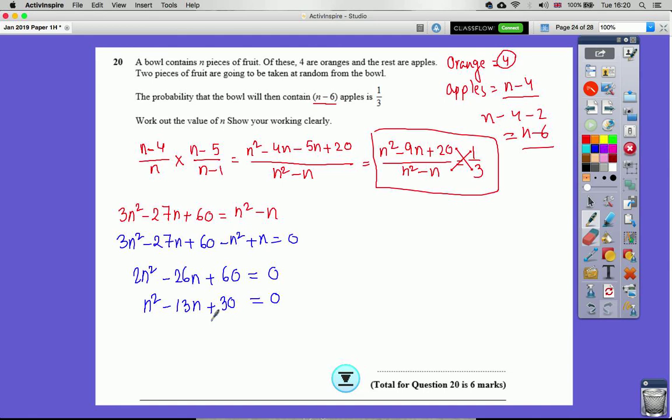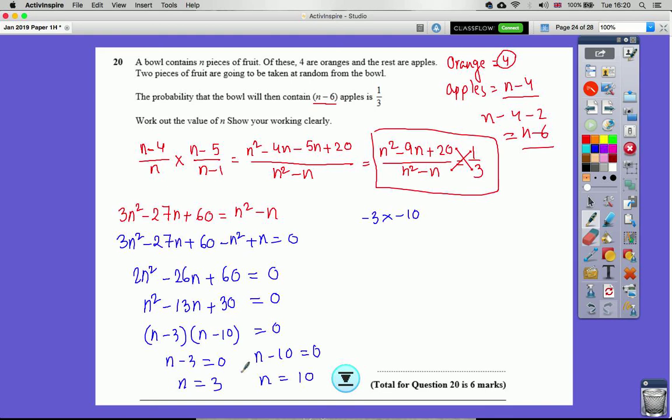Now I'm looking for two numbers that multiplied together give 30, and when I add them together I get negative 13. It can be negative 3 times negative 10. So I can have n minus 3, n minus 10 equals 0. So n minus 3 equals 0, n is equal to 3, or n minus 10 equals 0, n is equal to 10.